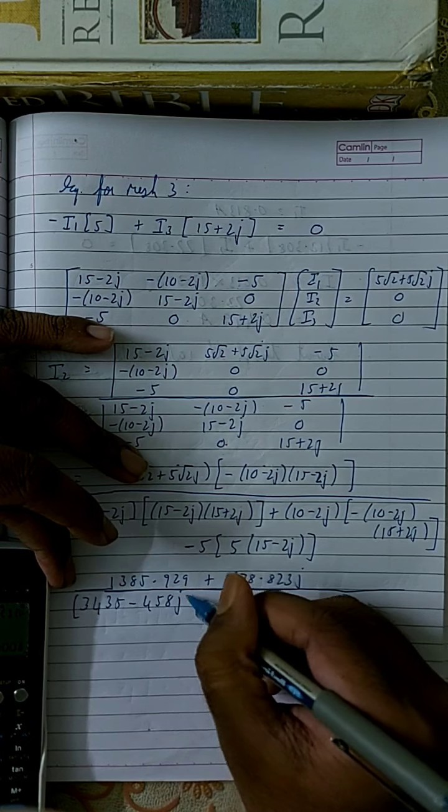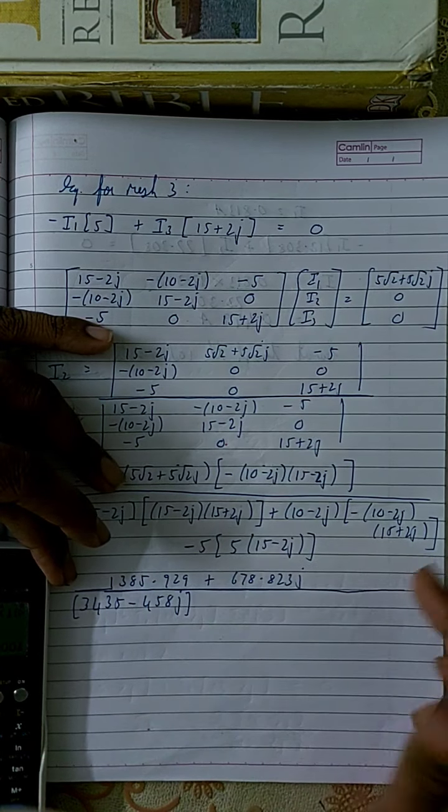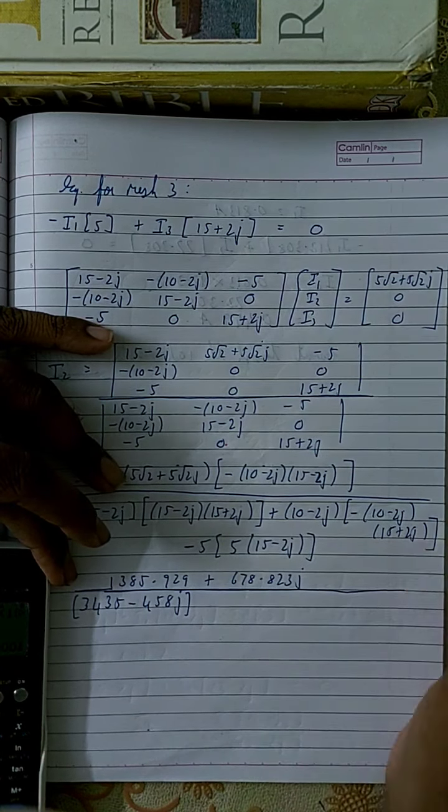That is the first term. Now the second term: the minus comes over here, so this is minus 10 minus 2j into 10 minus 2j into 15 plus 2j.